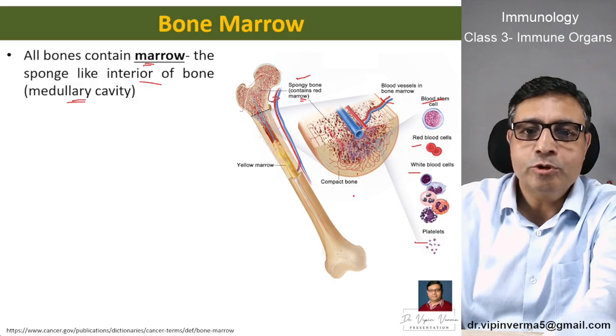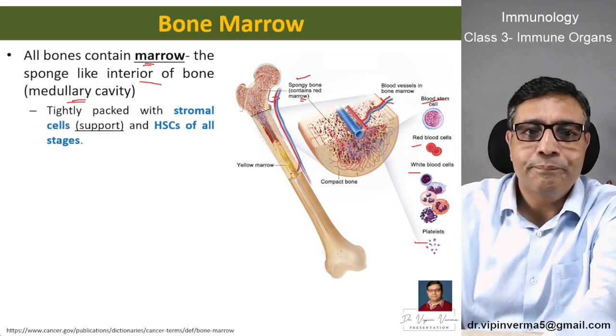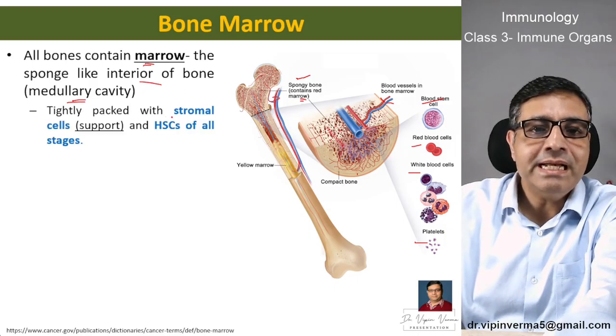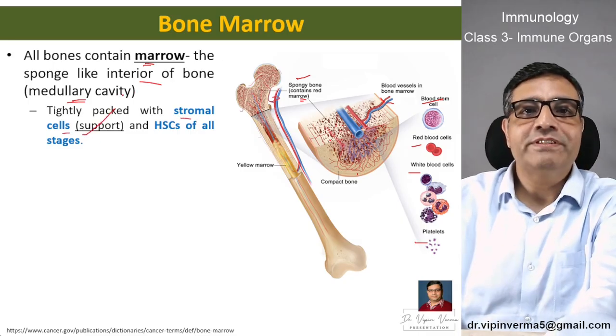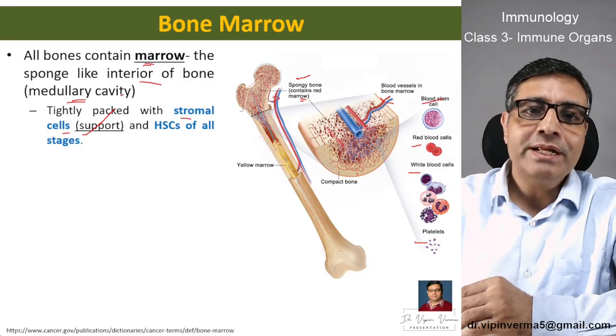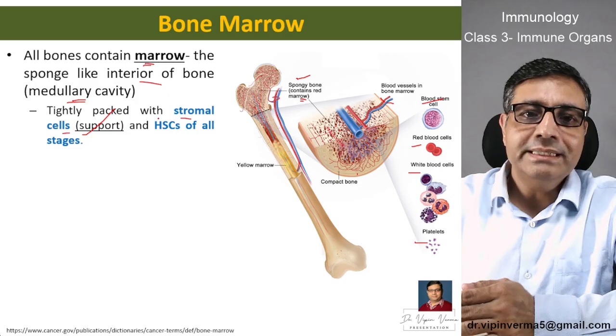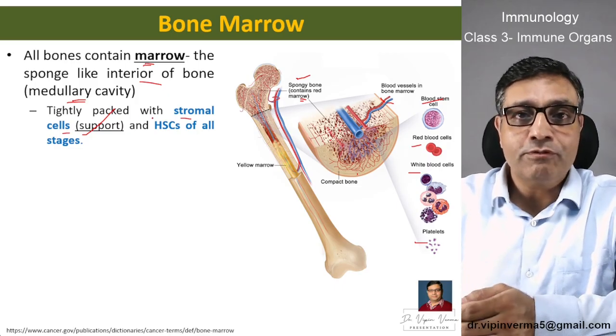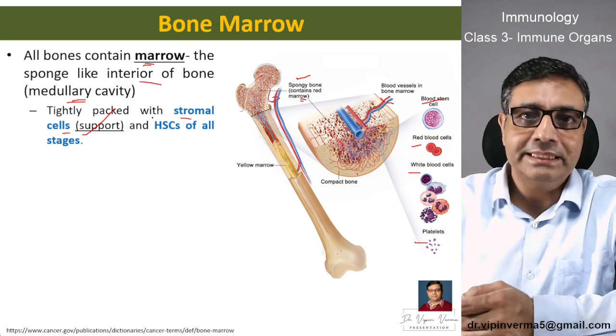Then we also have the yellow marrow. You can see the yellow marrow here. These marrows are tightly packed with stromal cells, and these stromal cells are the supportive cells. They provide support for the hematopoietic or other stem cells to differentiate and for self-renewal, as well as for the developing terminally differentiated cells.